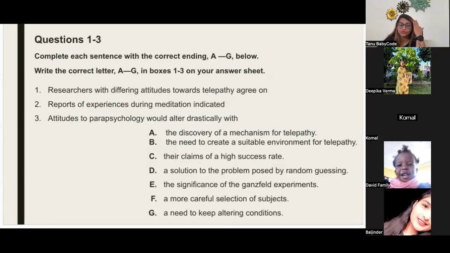Let's look at the third one. Attitudes to parapsychology would alter drastically with. Now, what do you think? Attitude to parapsychology would alter drastically with.